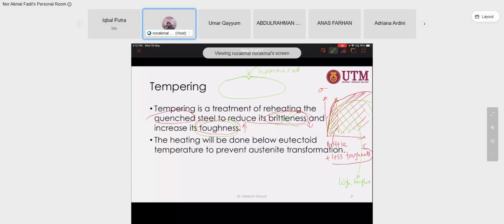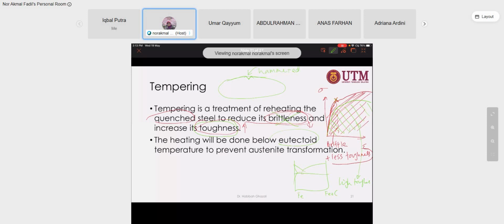Okay, so we are talking about tempering. It is a very important process. The heating in the tempering will be done below the eutectoid temperature. What is the eutectoid temperature? Still remember the iron carbide diagram.